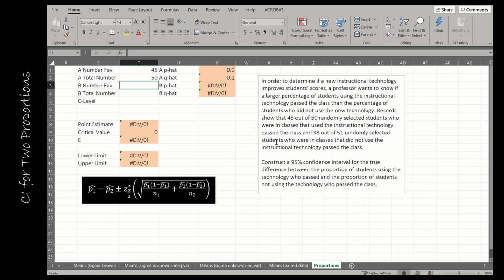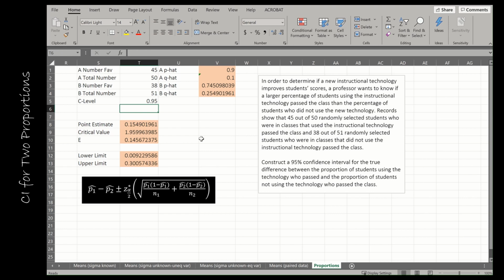And then for the students who did not use the instructional technology, records show 38 out of 50 who were in the class, so 38 out of 51. And I'm constructing a 95% confidence interval. And now Excel has done the rest of the work for me.